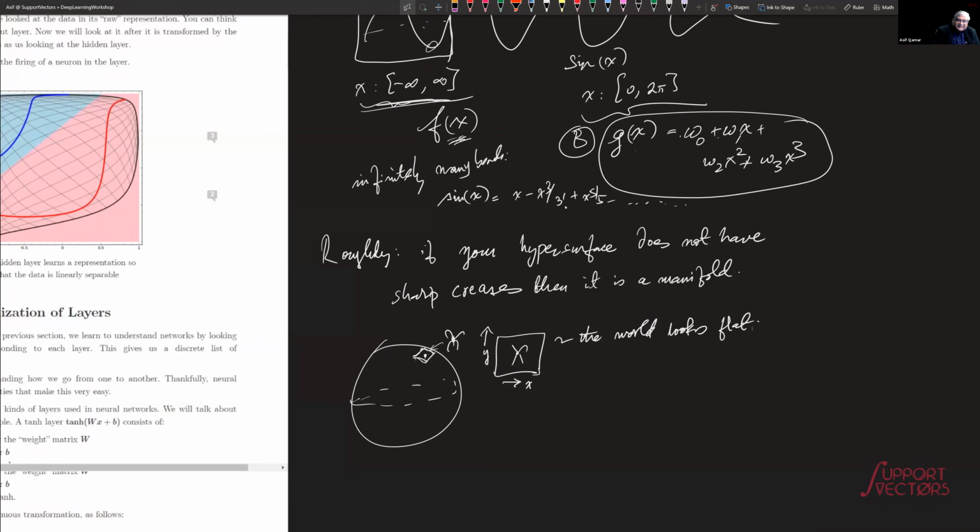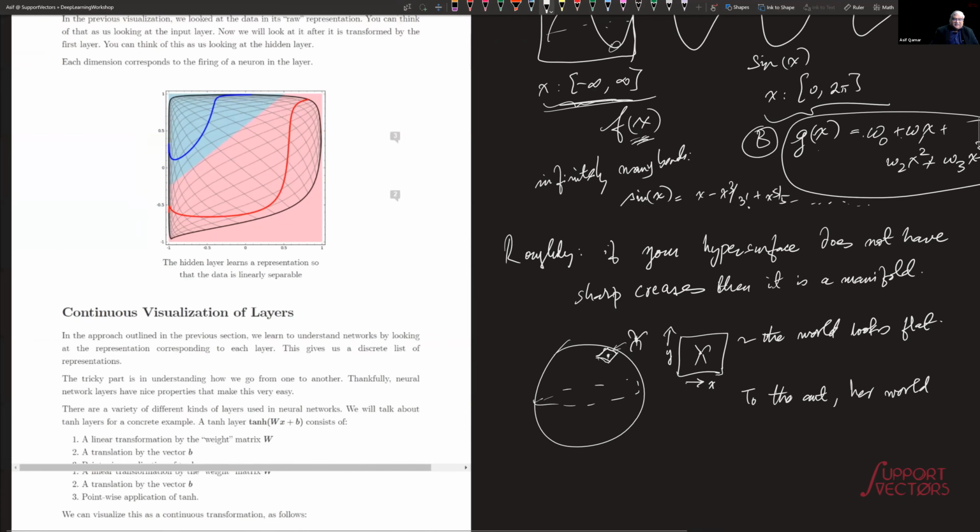So you would say that to the ant, her world is equivalent to an R squared, Cartesian flat surface. Would you agree? I.e. a little flat plane.